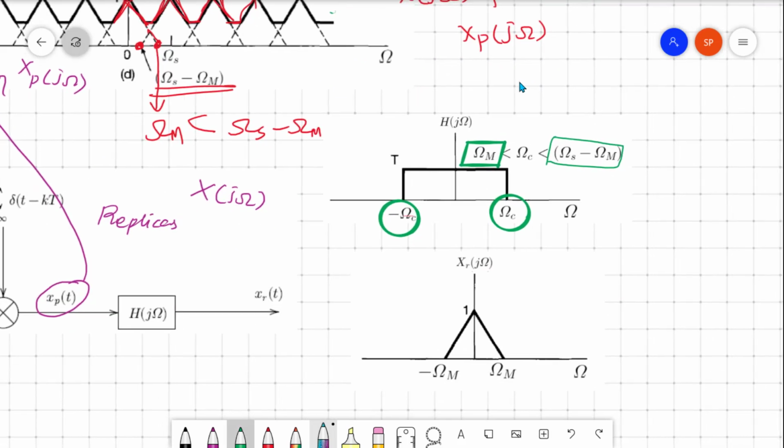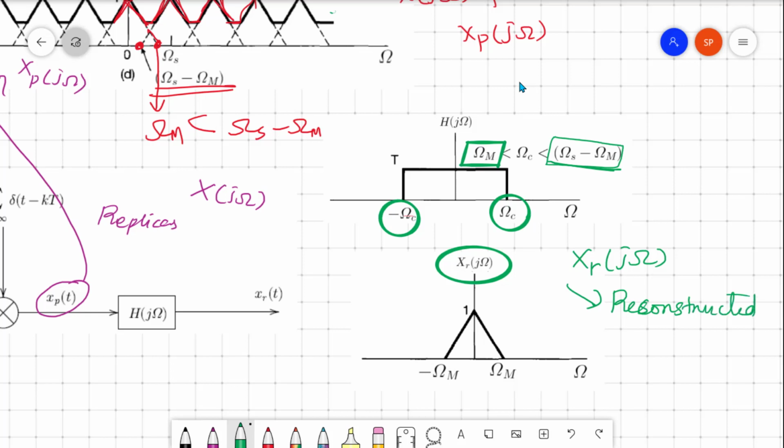That is given here: the cutoff frequency of the filter should be in between omega m and omega s minus omega m. If you do that, we can extract Xr of j omega, which is nothing but the spectrum of the reconstructed signal. If you take the inverse Fourier transform, you will get xr of t, that is the reconstructed signal, right?